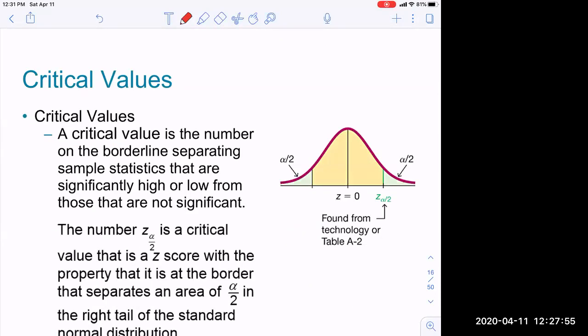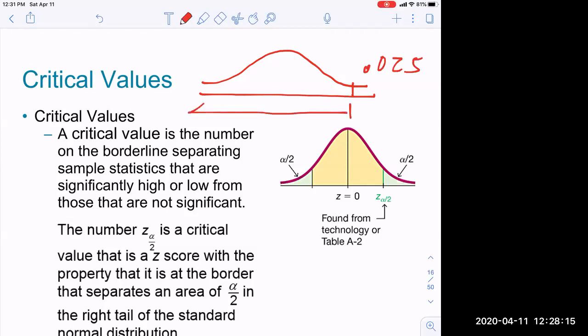Okay, these critical z-scores. I'm just going to do it right here and find the one for what we're doing. We've done this. Notice how we're building on all the stuff from chapter 6. So this is alpha over 2. For us, it's 0.025. So we need this area to the left of my critical z-score, my z alpha over 2.